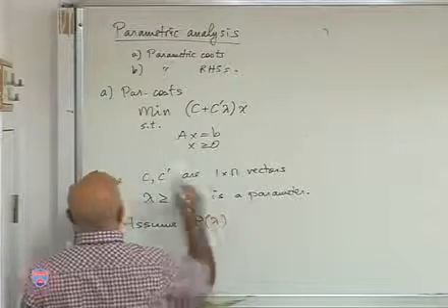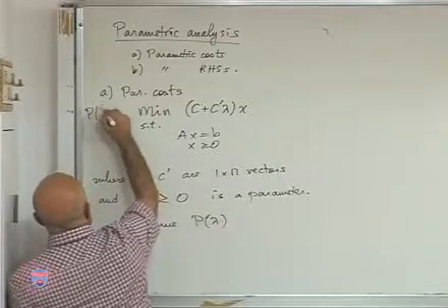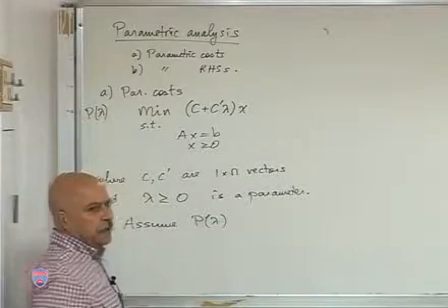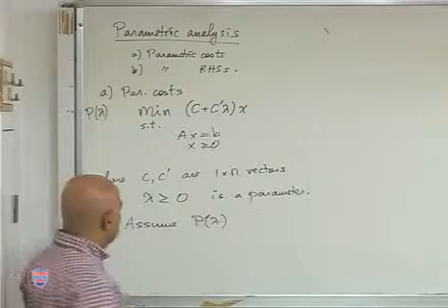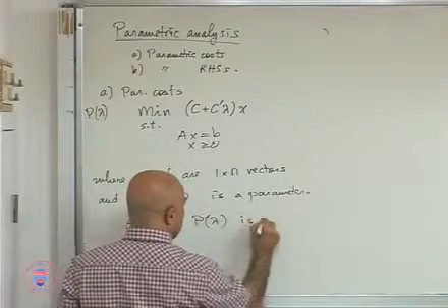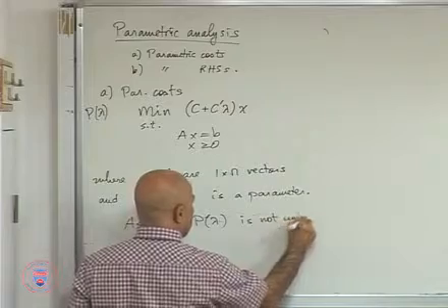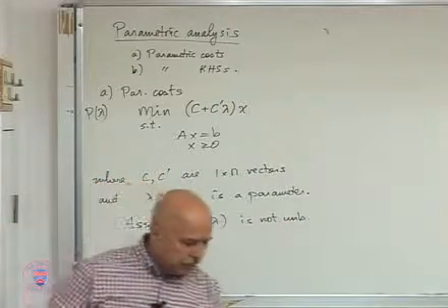If we call the problem given here P of lambda for fixed lambda, assume P of lambda is not unbounded. Okay, let's just make that assumption.